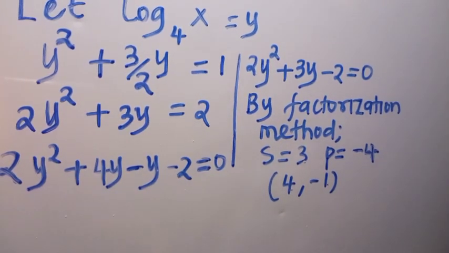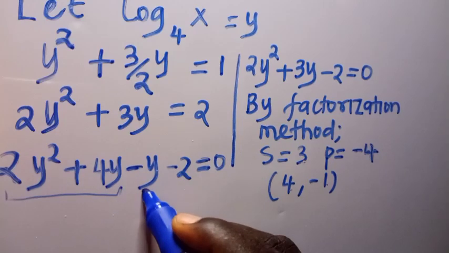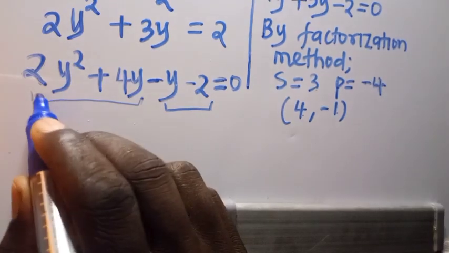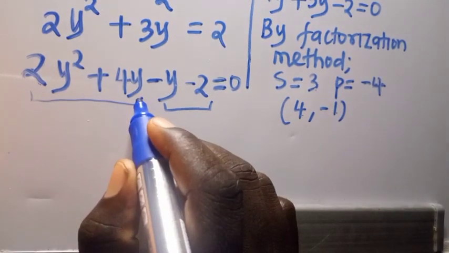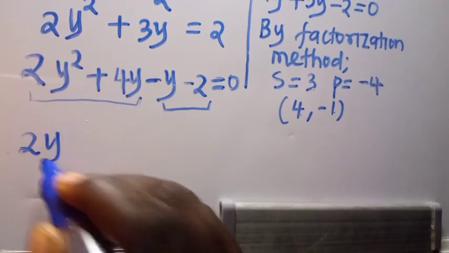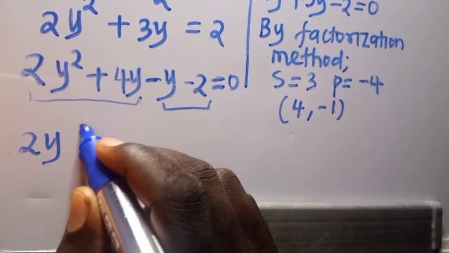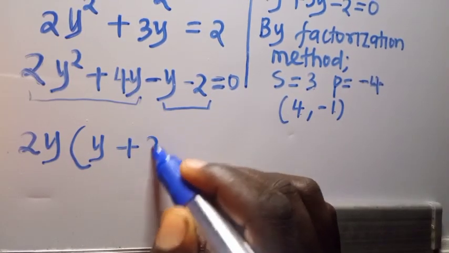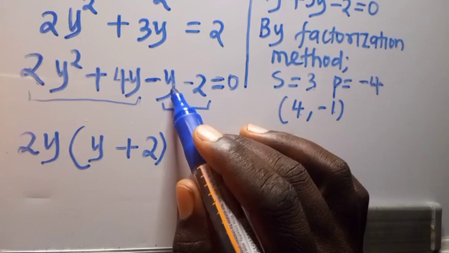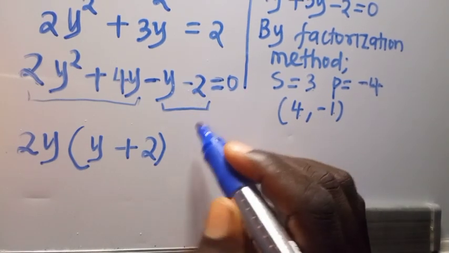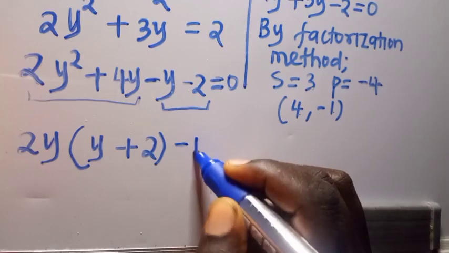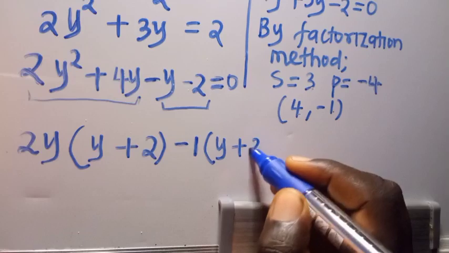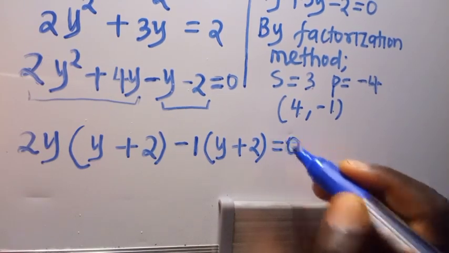From here, we can group these two and also group these two. What is common between 2y squared and 4y is just 2y. Then we factor out 2y into y plus 2. Then what is common between negative y minus 2 is just negative 1, into y plus 2, equals to 0.